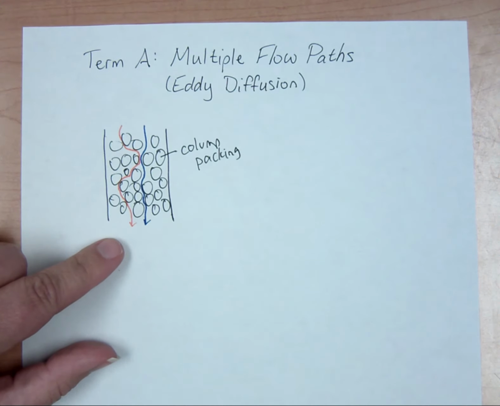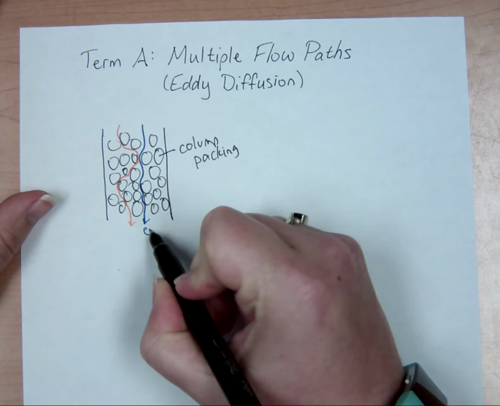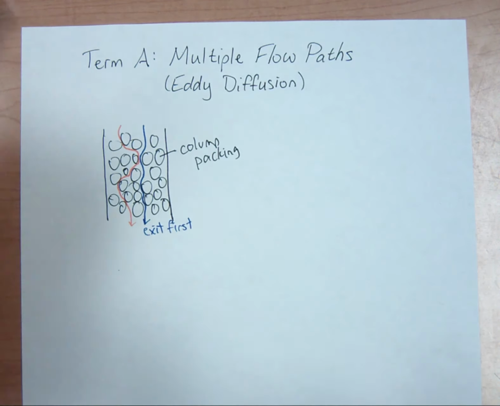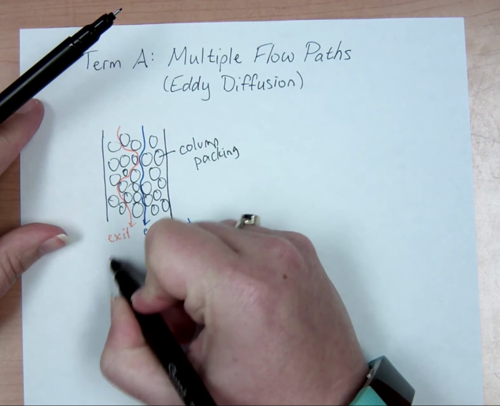Now, if these are both the same analyte, they've simply taken different routes around the packing in the column, and so they exit the column at different times, right? Because one has to wind its way a little further than the other. So this would exit first because it took a more direct route, and the orange one would exit later.